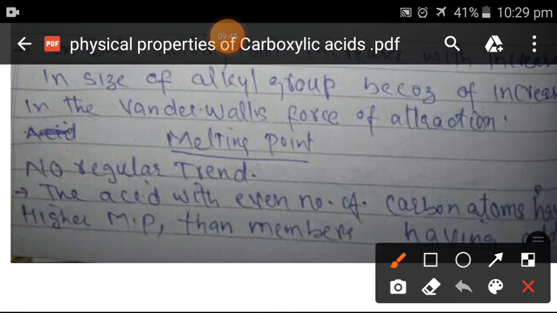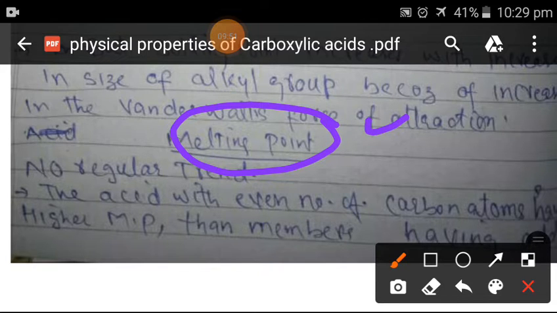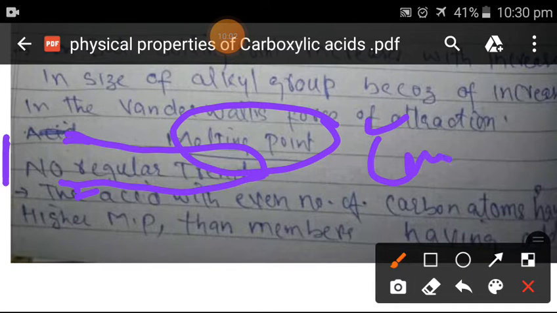But here is the melting point. Melting point is somehow typical. You must remember there is no regular trend. No regular trend is followed by the carboxylic acids while melting. They melt at different temperatures.